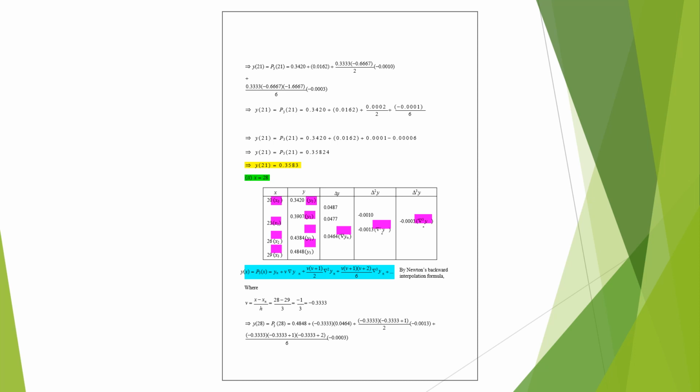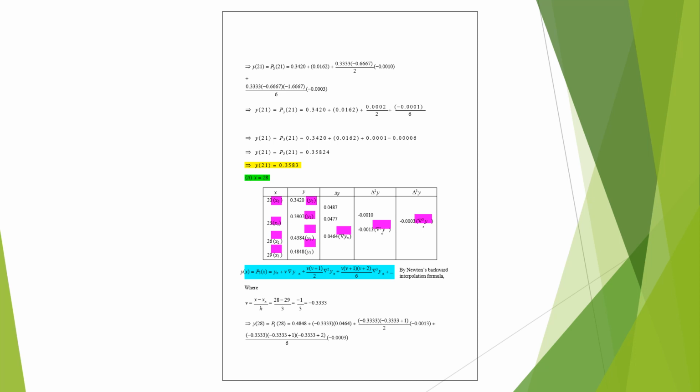So already we know the value of nabla yn. The value is 0.0464. So we have to substitute all the values in Newton's backward interpolation formula.